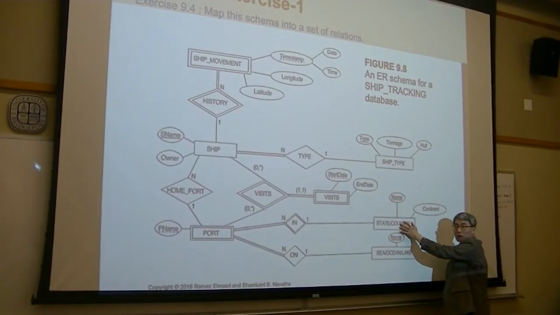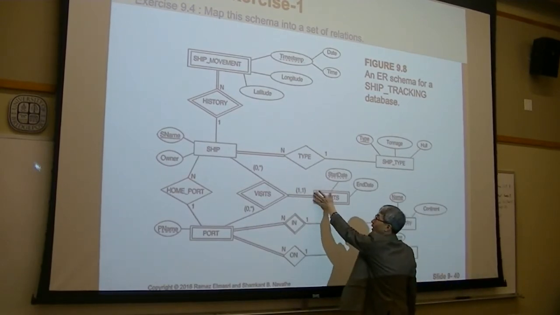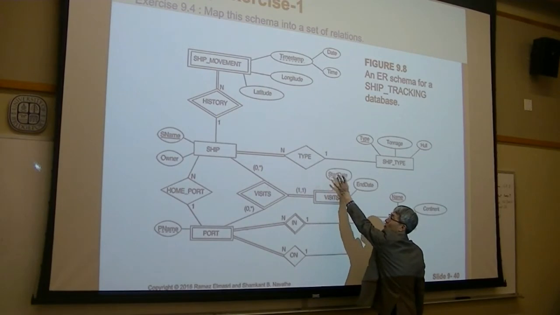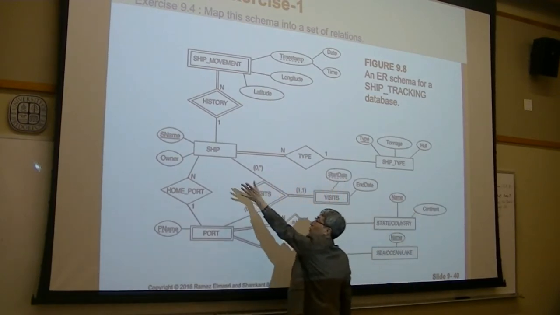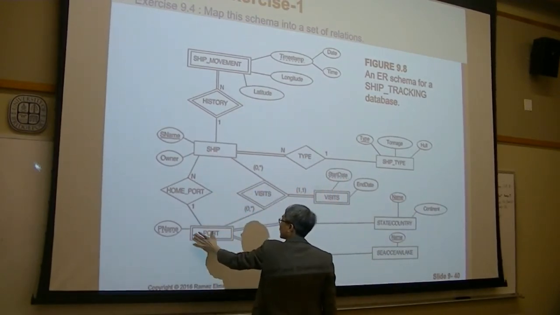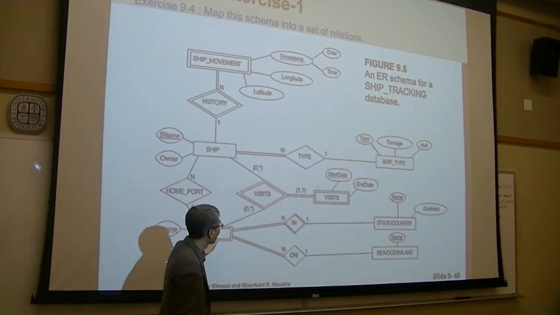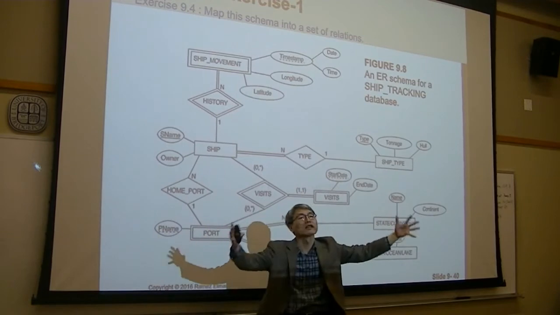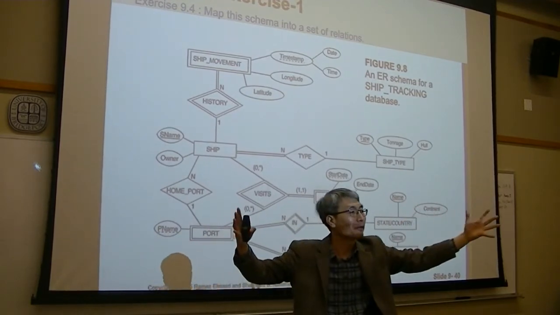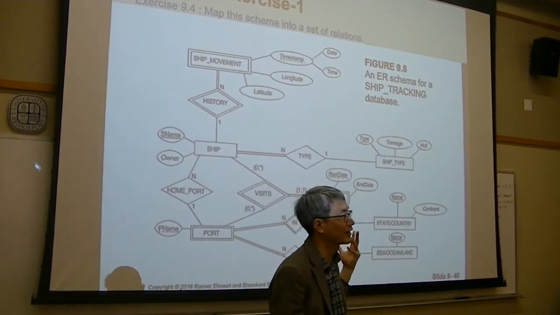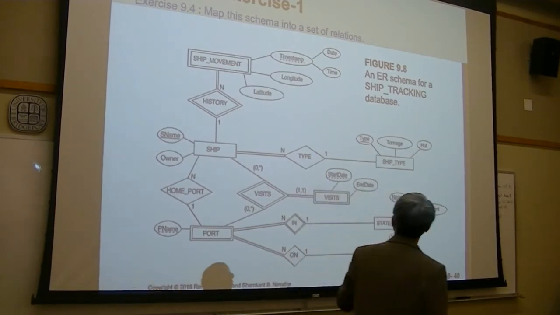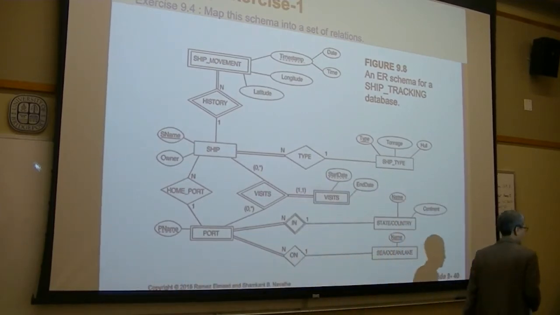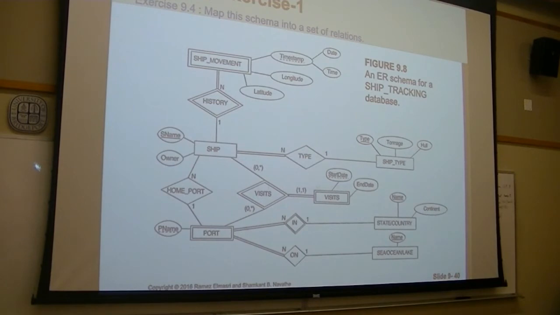So it's a composite primary key. And the primary key of visit is start date, ship name, and the port name plus this one. So it's a lot of composite primary keys. It's just for your practice. It has a lot of weak entities.